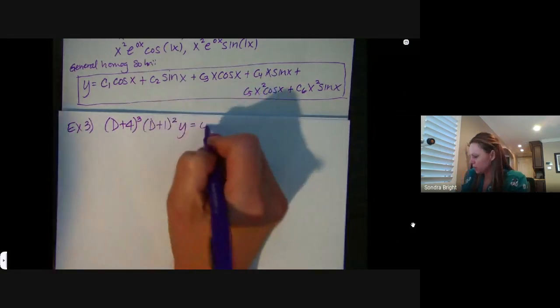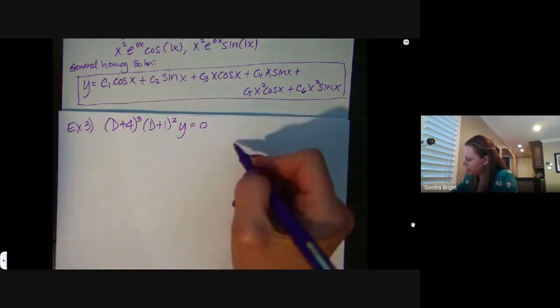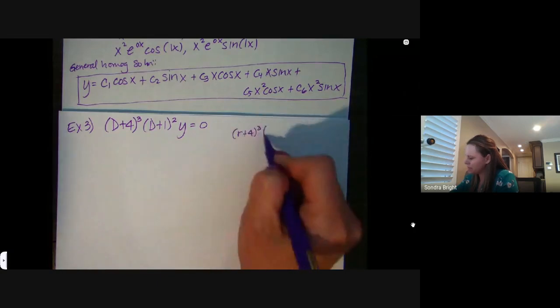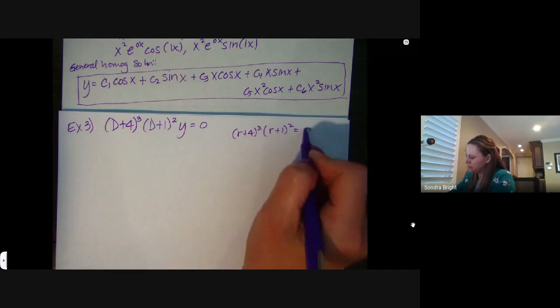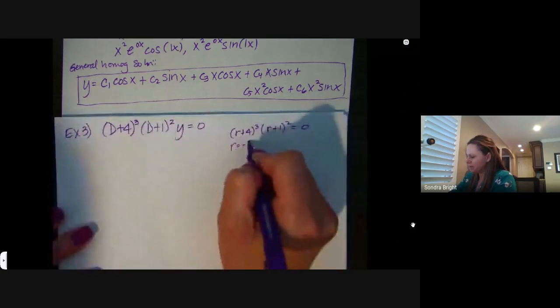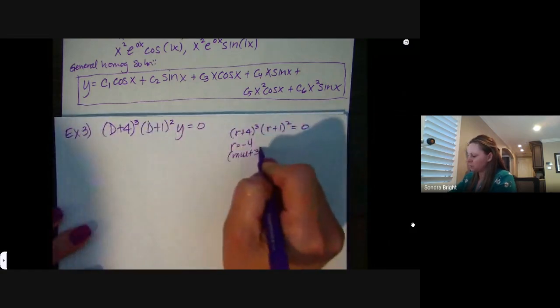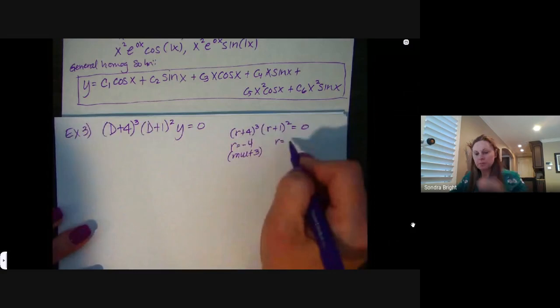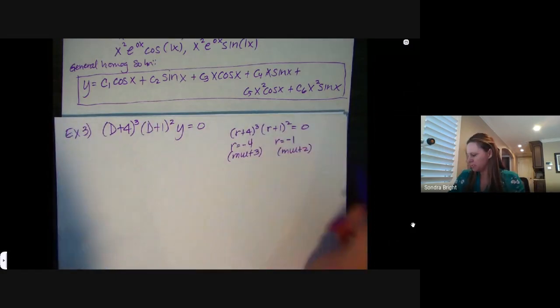All right, so our auxiliary equation would be r plus 4 cubed times r plus 1 squared is equal to 0. This guy would give me a root of -4, but with a multiplicity of 3. This guy would give me a root of -1 with a multiplicity of 2. So both of these roots are real, nice. They just have multiplicities on them.